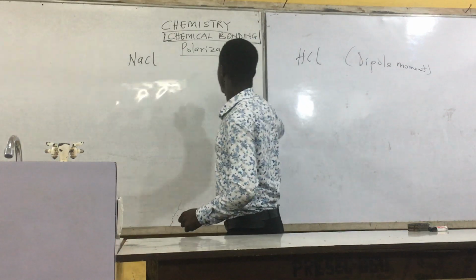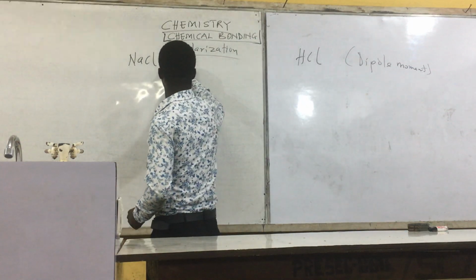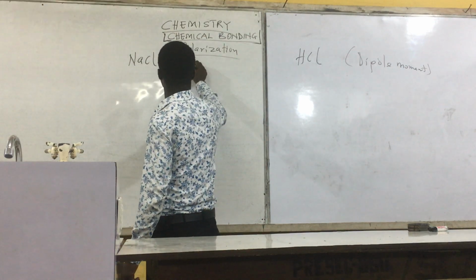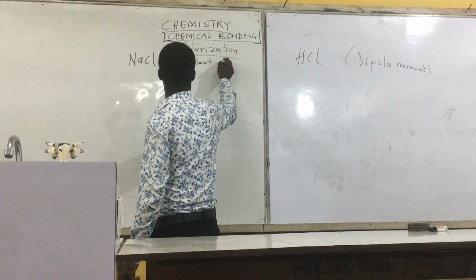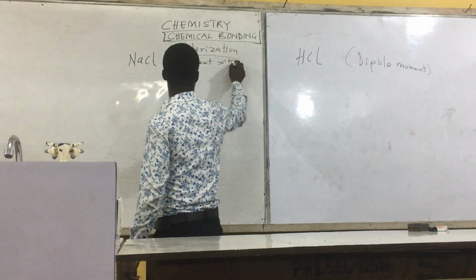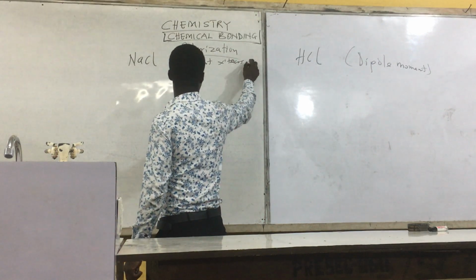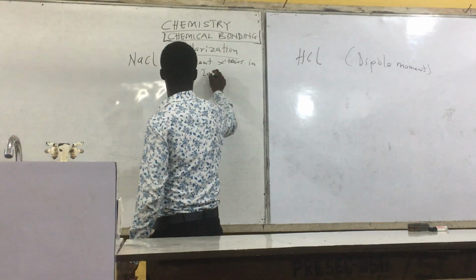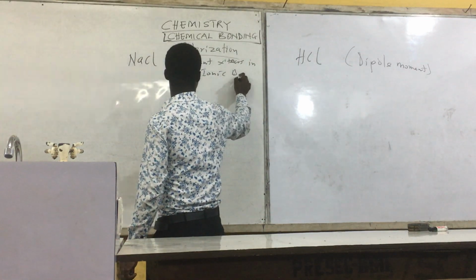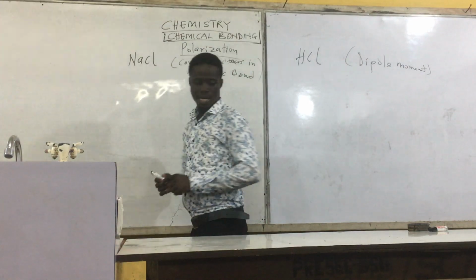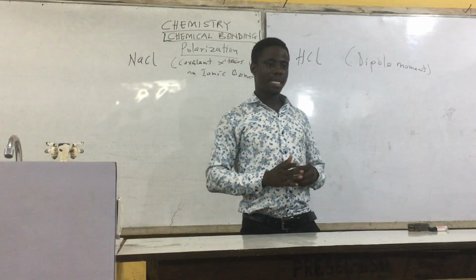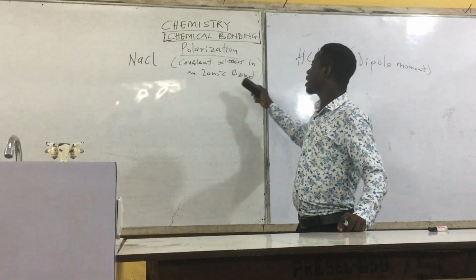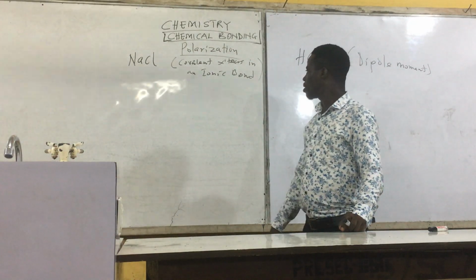In a very simple context, anytime there is polarization, it means that there are some covalent characters in an ionic bond. One thing you have to notice is that anytime I talk about polarization, it means there are some covalent characters in an ionic bond.